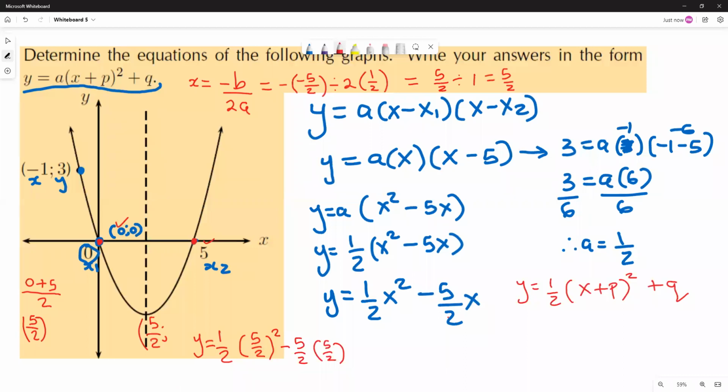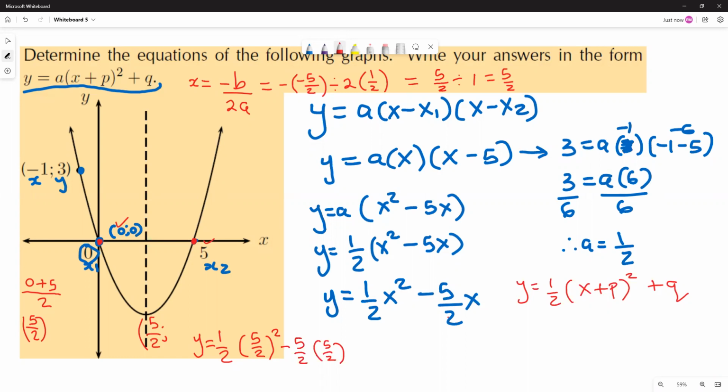So this is our calculator. We're going to type 1 over 2, and then you type 5 over 2, which is your x in the turning point, substituted into the graph.